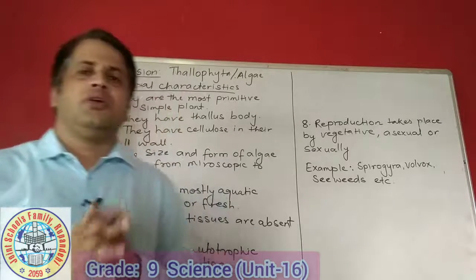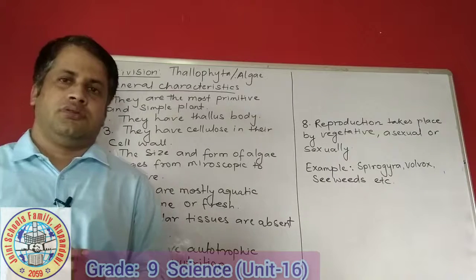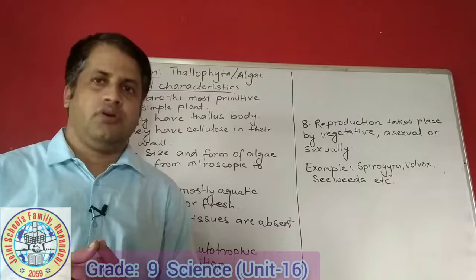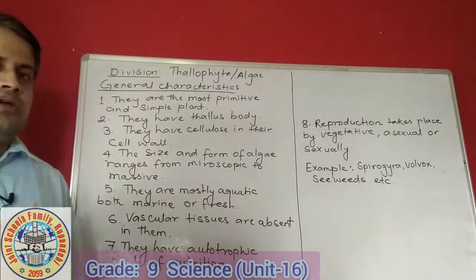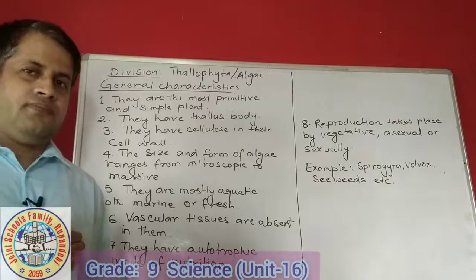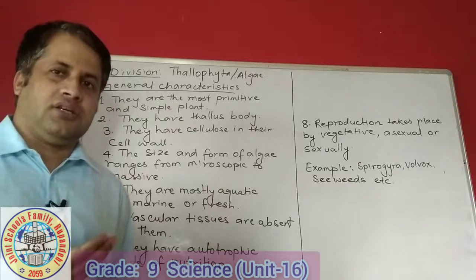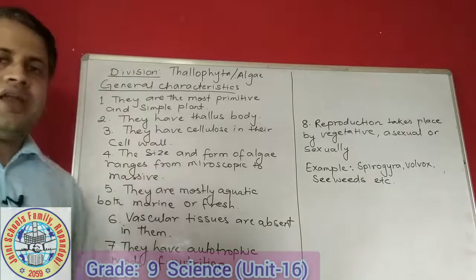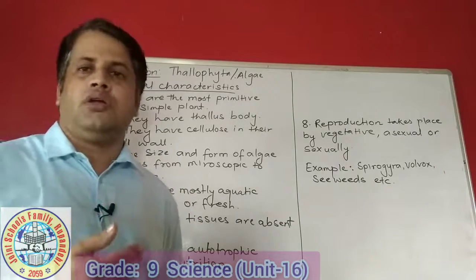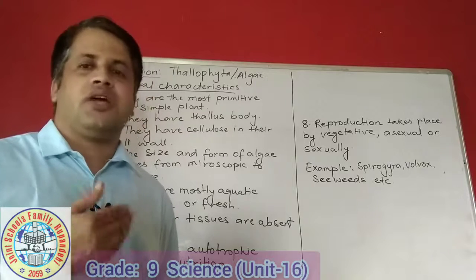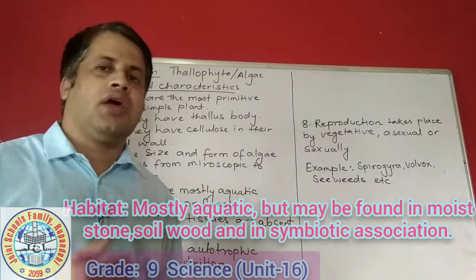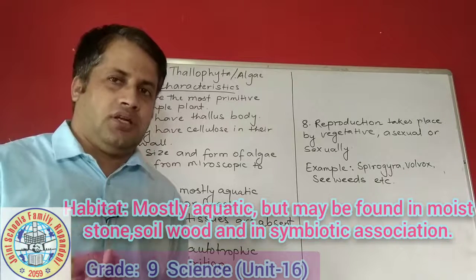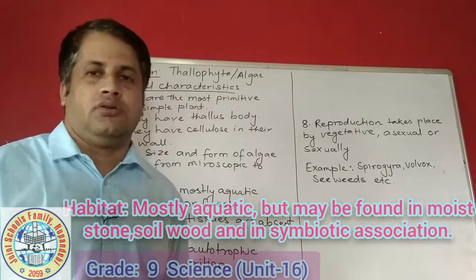When we talk about the habitat where they grow, mostly these organisms are aquatic, and they can be found in both marine and fresh water. Marine water means water with a concentrated salt content, like that in the ocean or sea.